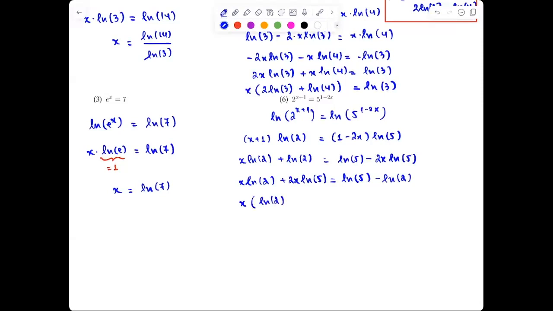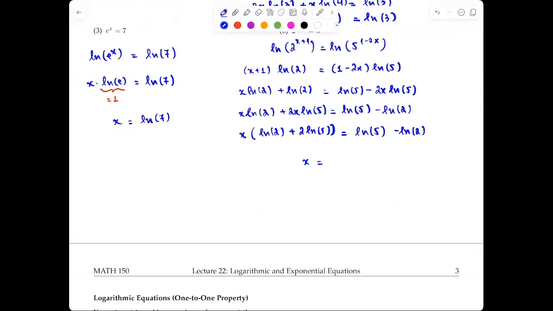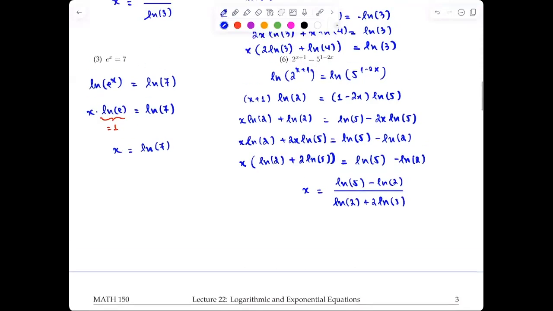I get ln of 2 plus 2 times ln of 5, equal to ln of 5 minus ln of 2. And to get x by itself, I divide both sides by this number right here. And I get ln of 5 minus ln of 2 altogether divided by ln of 2 plus 2 times ln of 5. That's the answer.